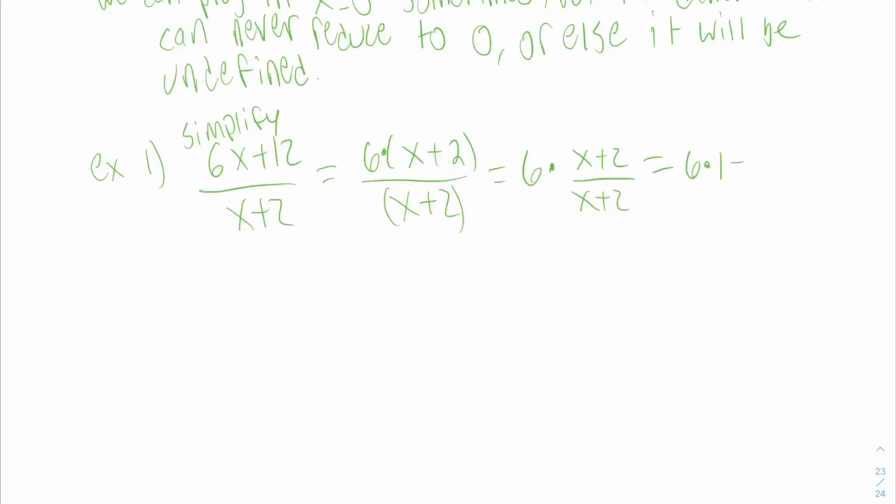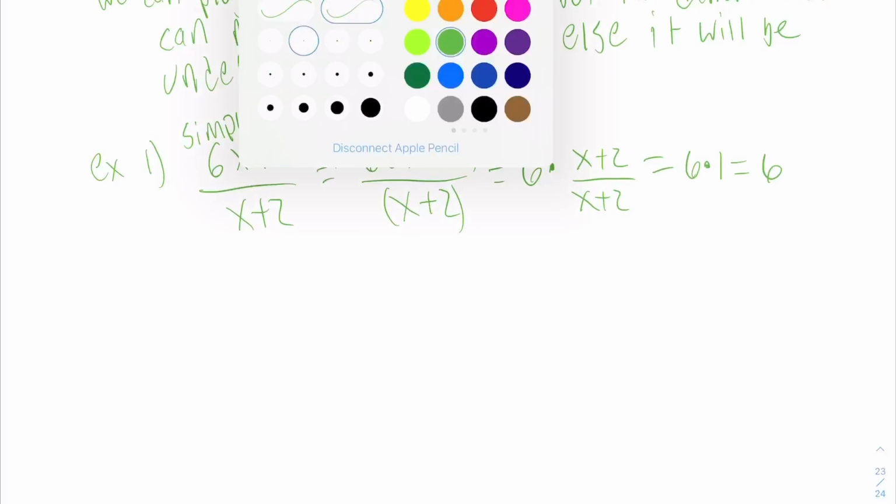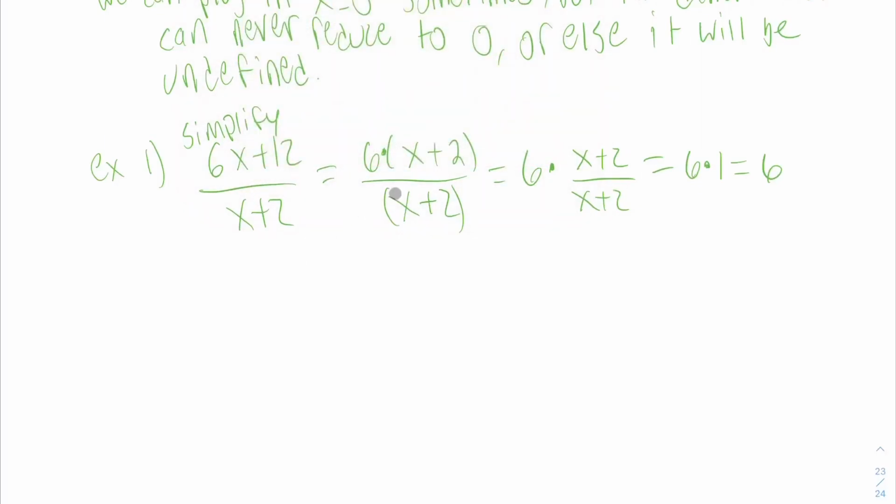So it's 6 times 1, which means it's just the number 6. So back here, once we have 6 times something, and we're dividing by that same something, then we can just say the answer is 6. We could have gotten the answer 6 back there.